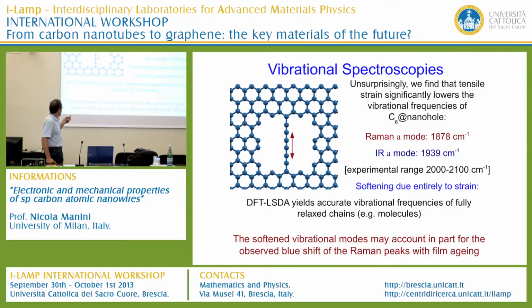Instead, in a situation like this, where the chain is bound to this nano hole, we know that it is actually in a tensile situation, and as a result, all frequencies get lower. For example, here, the strongest Raman mode, which is called the alpha mode, is at slightly less than 1900 centimeters to -1.